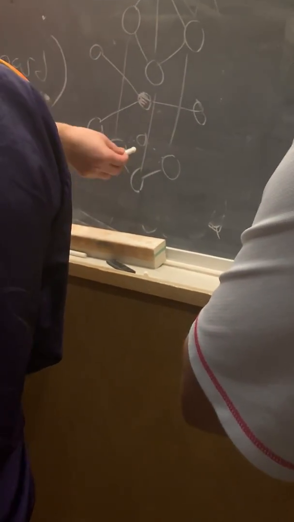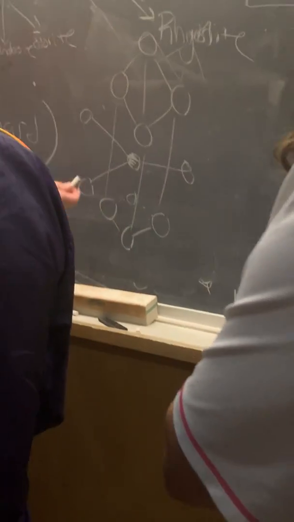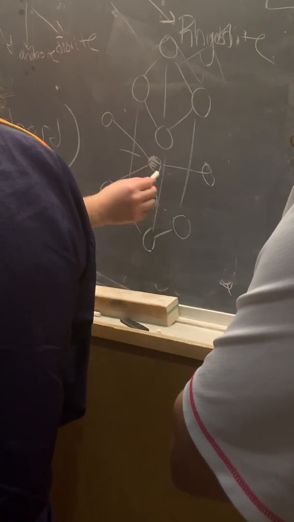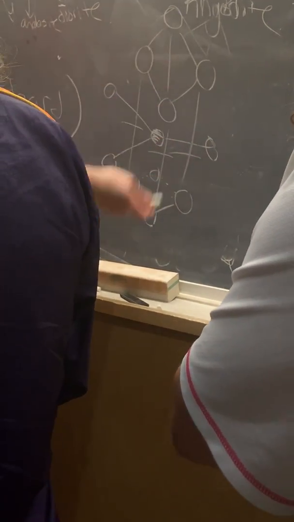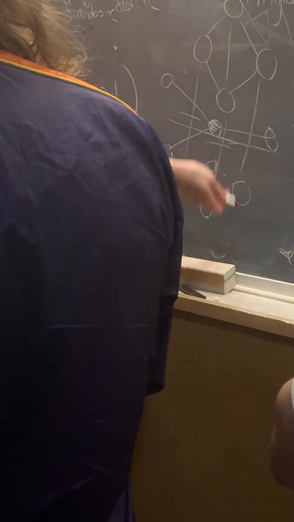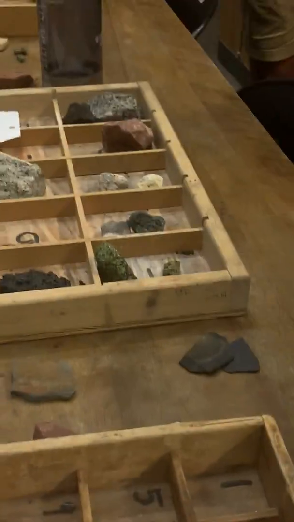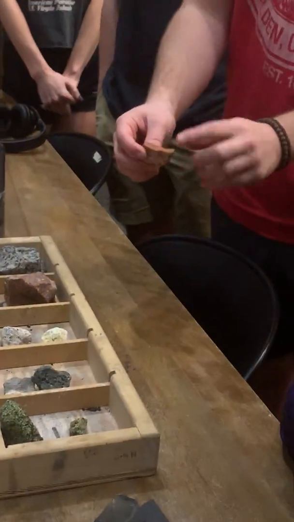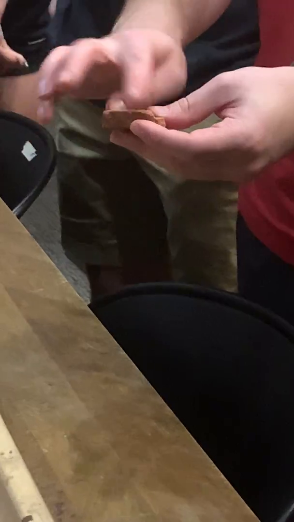Do you see how long these bonds are? I didn't draw it to scale, but it just breaks here because this is the weakest bond, since it's really long. It has that sheen because all of the same stuff is facing up. Shiny and flat basically. Nice flat surface there, nice flat surface here.